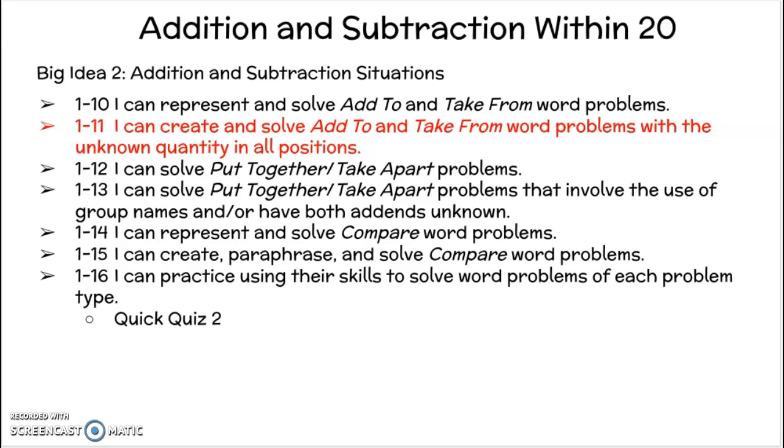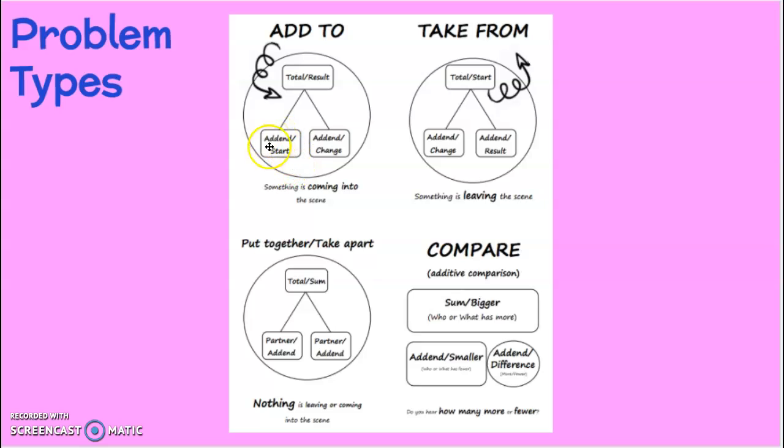That's a fancy way of saying that when we look at our math mountain, it could be that the start is unknown, one of the partners, the change is unknown, the other partner, or the result is unknown, the total.